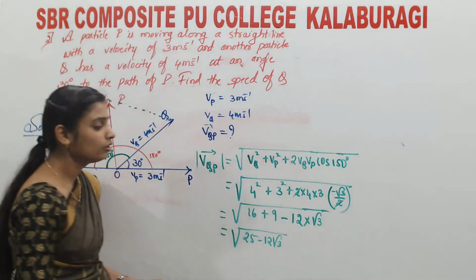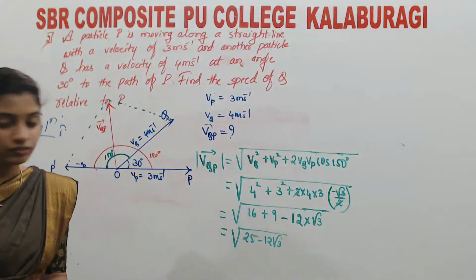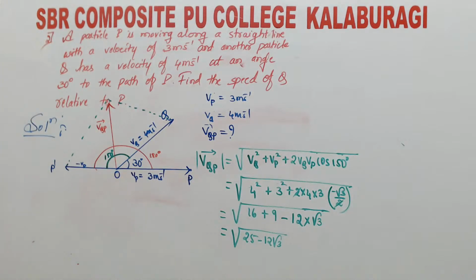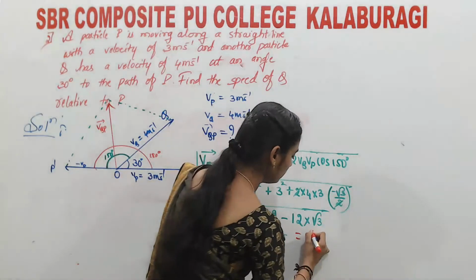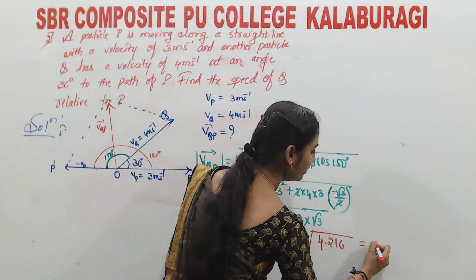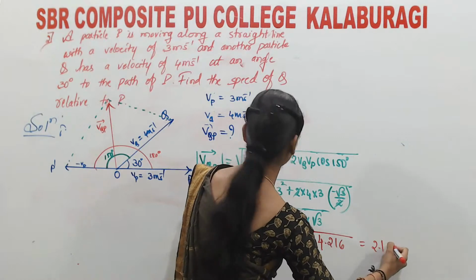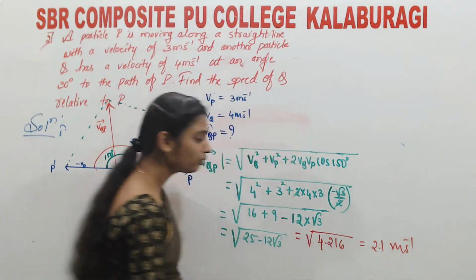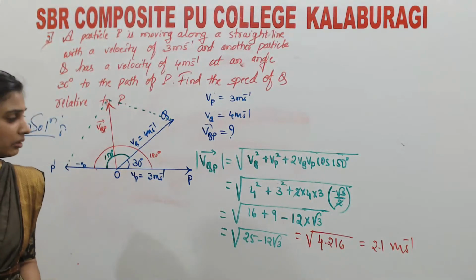So solve for this. How much will you get after solving? Your answer should be under root of 4.216, which results in 2.1. As it is a velocity, you put the unit as meter per second.